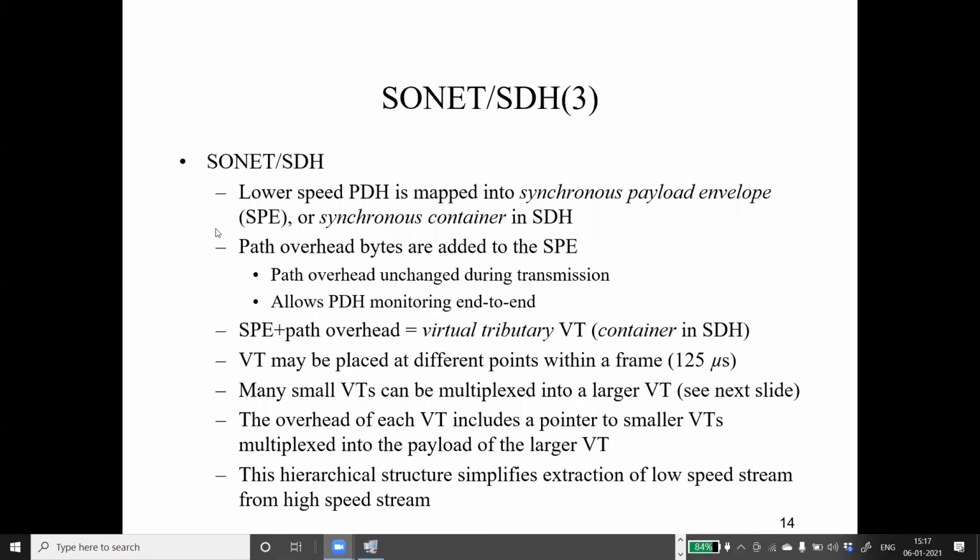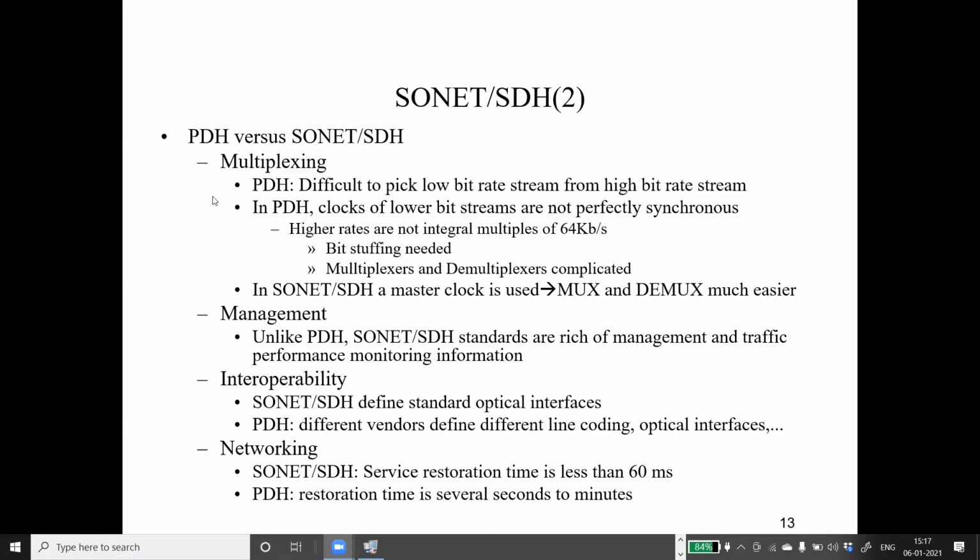If I talk about the properties of Sonnet compared to the previous generation, multiplexing, as I told you, was one of the very important things of Sonnet, because it had to handle lower data rates as well as less data of the previous generation. Therefore it had a good multiplexing and demultiplexing system, and a master clock was used to facilitate this.